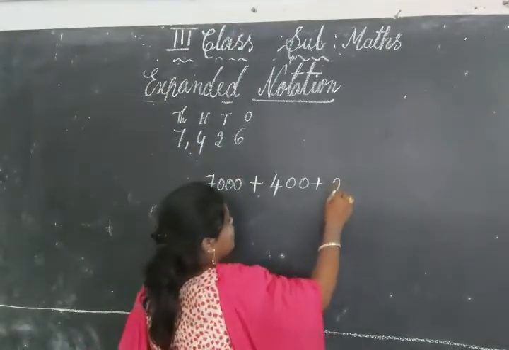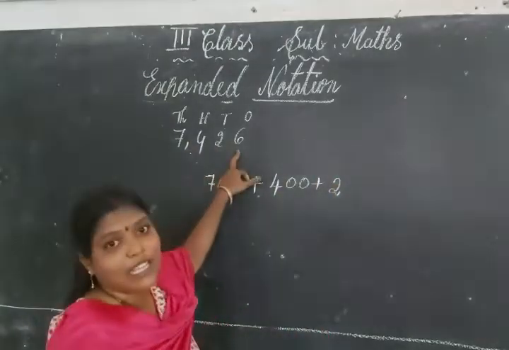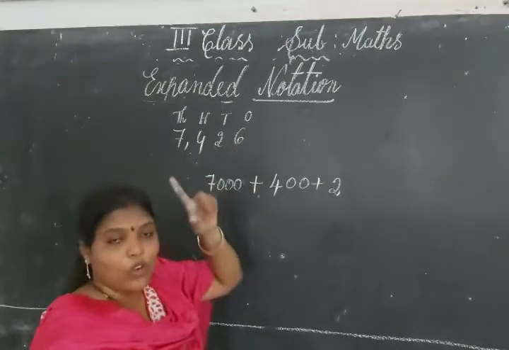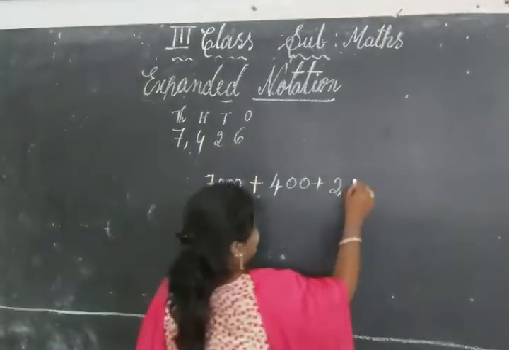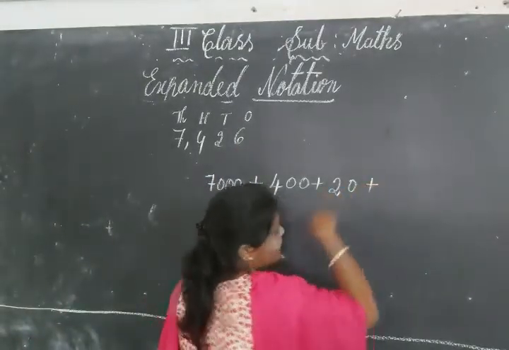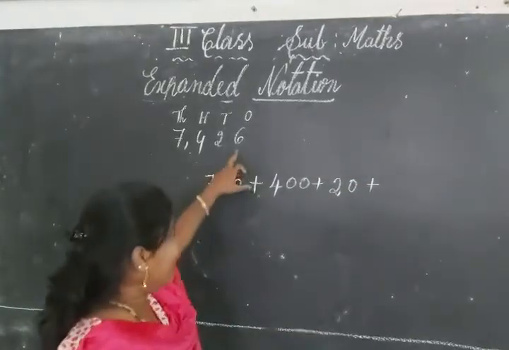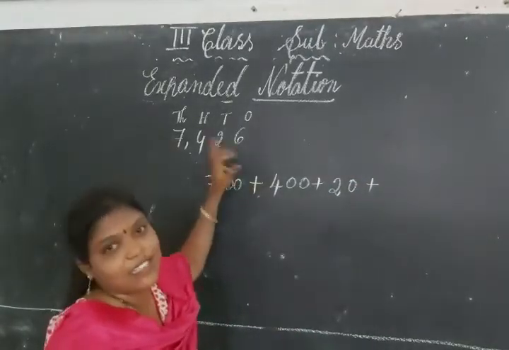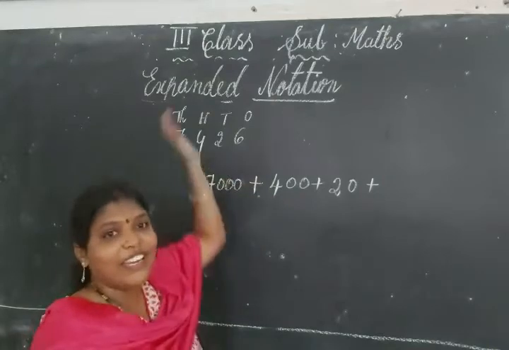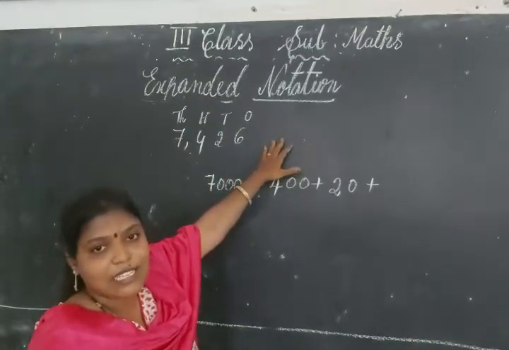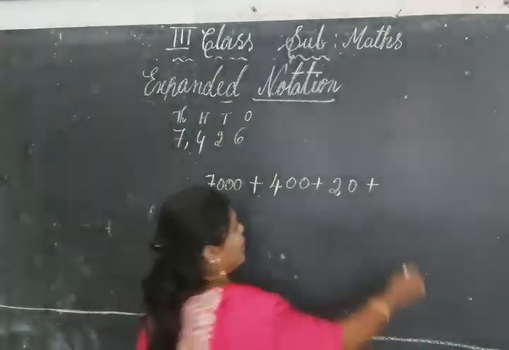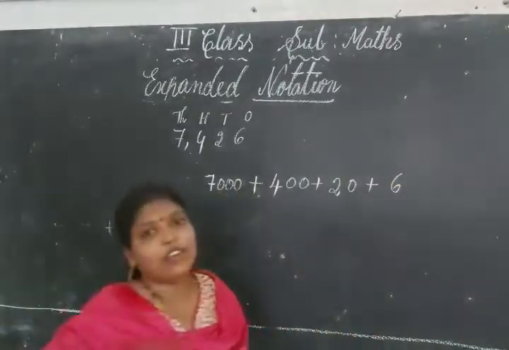It's 2. And how many digits can you see after 2? Only 1. So write only 1 zero, that is 20. And what is the last digit? 6. Can you see any digits after this? No. So write 6 and no zeros.